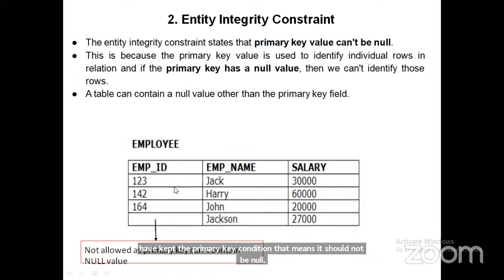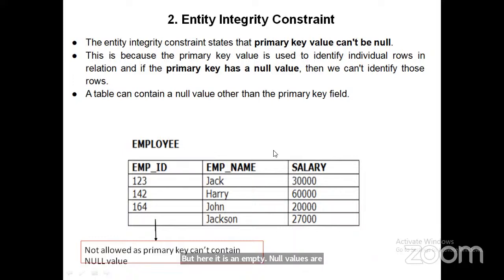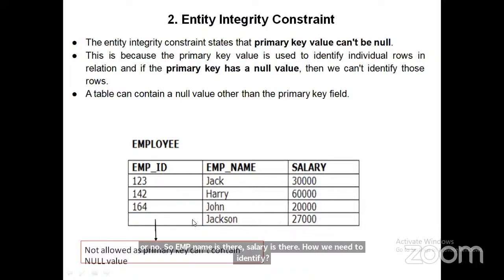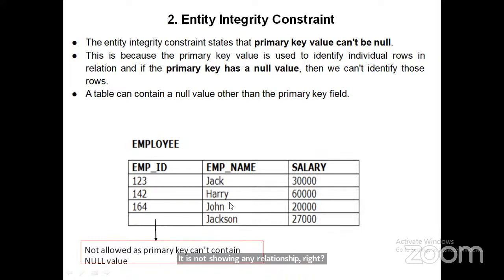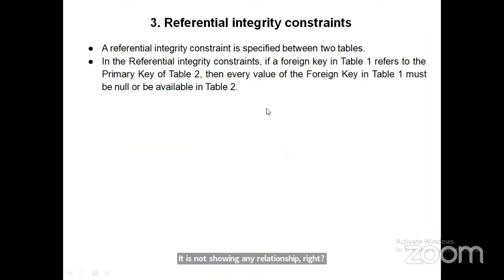Null values are not allowed in primary key, so that's why this table is an invalid table. Primary key should not have a null value. That is what entity integrity constraint is. Relationship, is it showing, yes or no? So EMP name is there, salary is there. How do we need to identify? It is not showing any relationship, right? So that is what entity integrity constraints is.